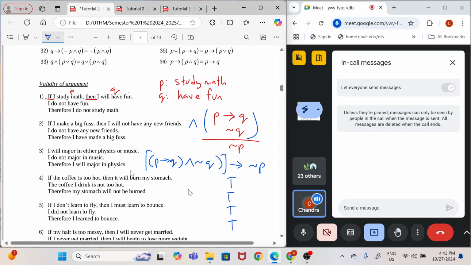The truth table you can do, but the most important thing is to write the statement like this.